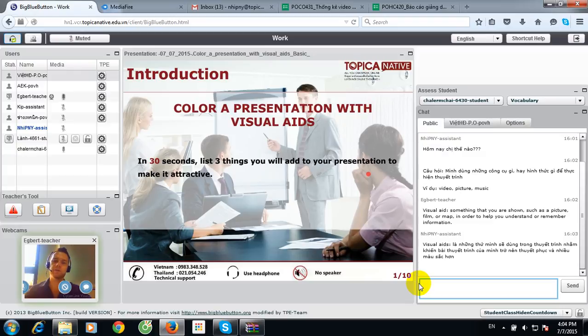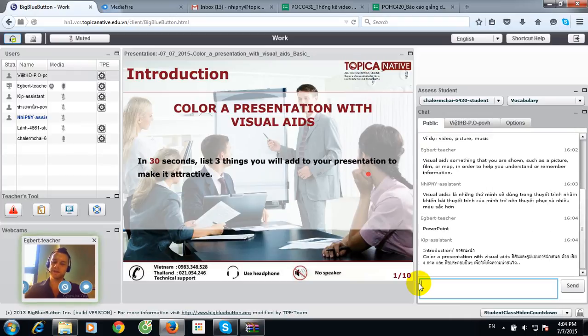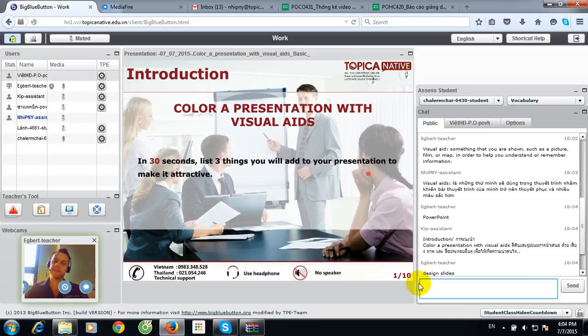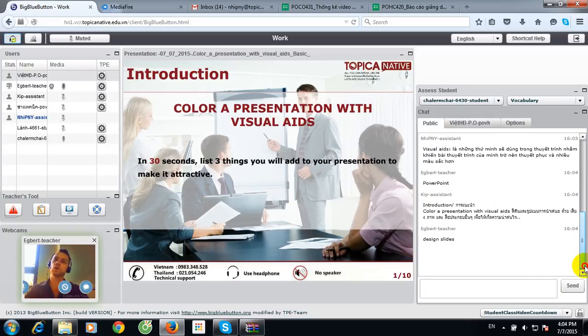For example, you can use PowerPoint. So you can design slides, for example. That's something I would use to hold a presentation. And you can add, for example, a video in PowerPoint, or you can use pictures on the slides, or you can simply just use different visual aids besides the computer.